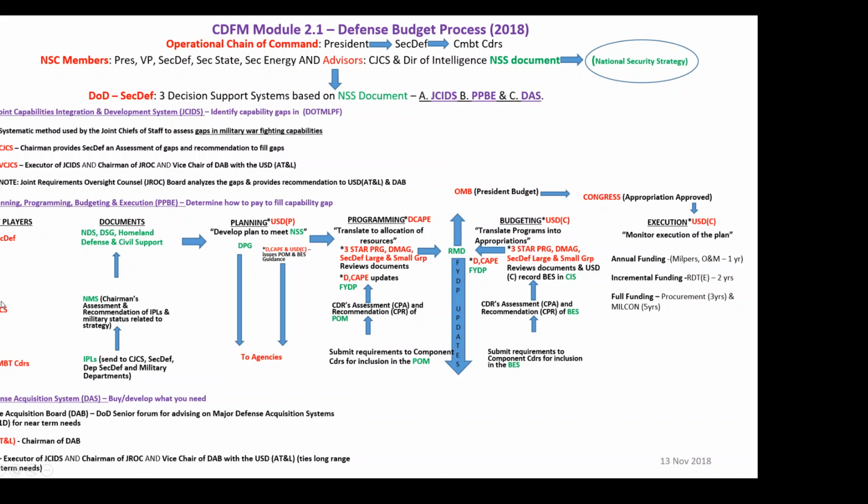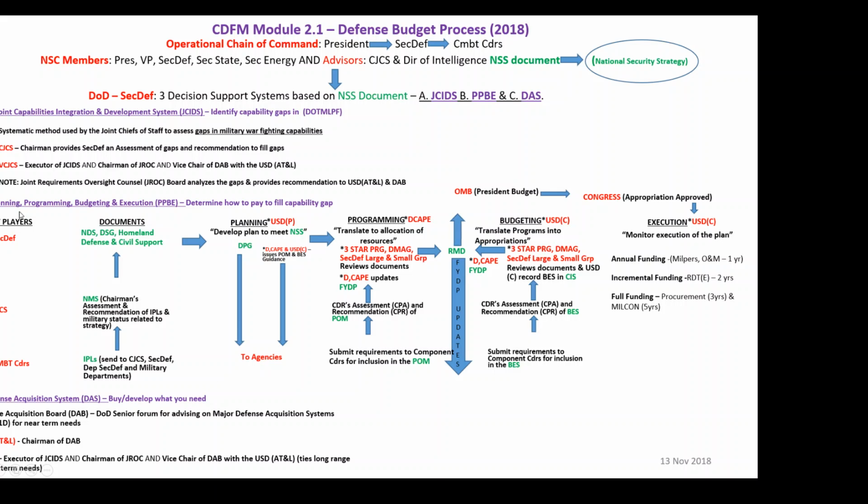So you have the chairman in this process to provide oversight, and the vice chairman is with the JCIDS and the Defense Acquisition. So you see JCIDS identifies capability gaps in DOTMLPF. If it's a material solution, it triggers the Defense Acquisition System, where you either buy or develop what you need.